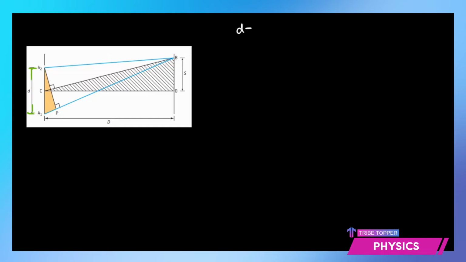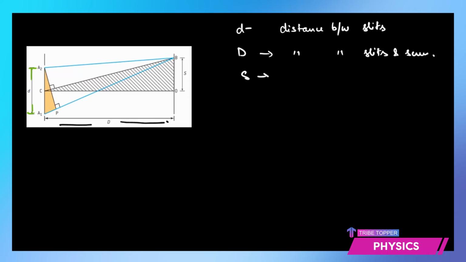Capital D is the distance between the slits and the screen, this horizontal distance. And S is the separation between two consecutive bright fringes.